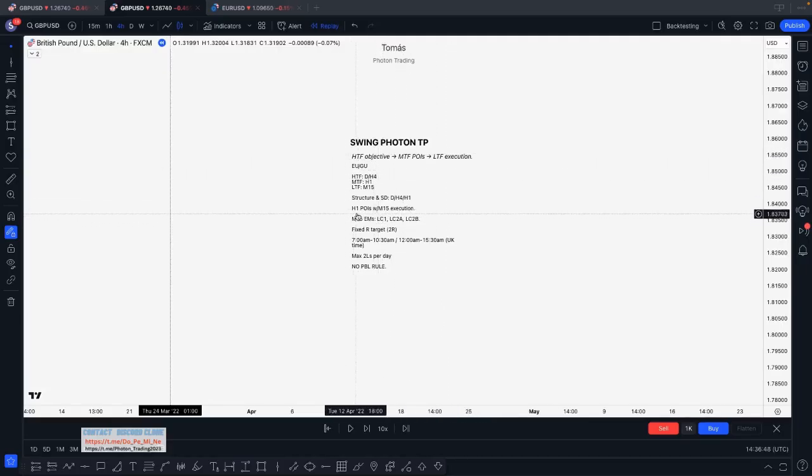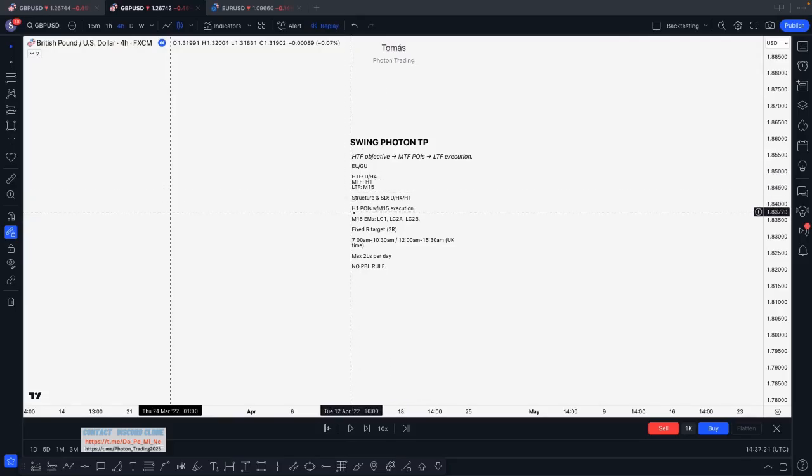Also, one thing that's very important, H1 POIs with M15 execution. This is something that I want to talk about with you, because 95% of the times, 90% of the times, I stick with H1 POIs, but I know, and I'm happy to use that experience, that when price action can be a little bit messy or have multiple POIs, I personally don't think there's anything wrong with just jumping a time frame, picking an H4 POI and trading from them.